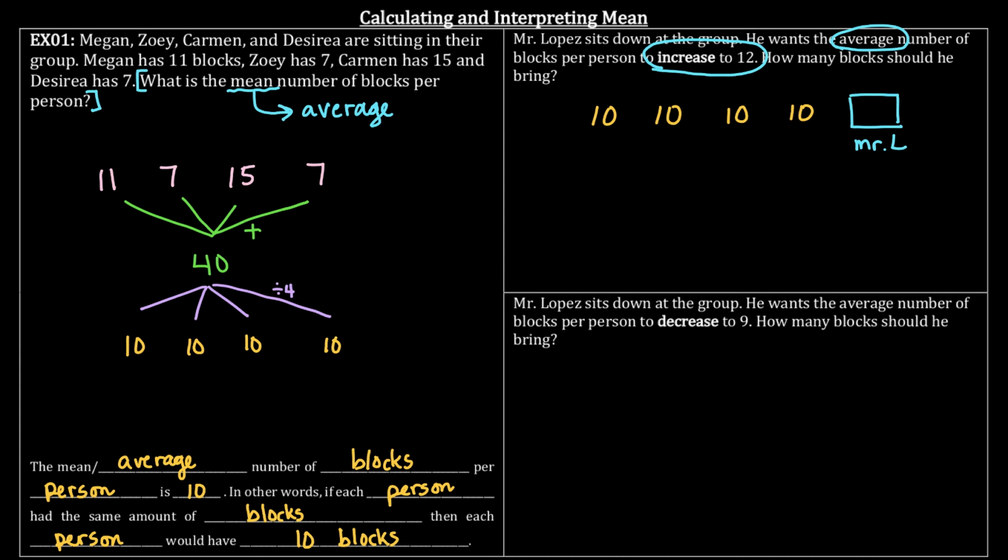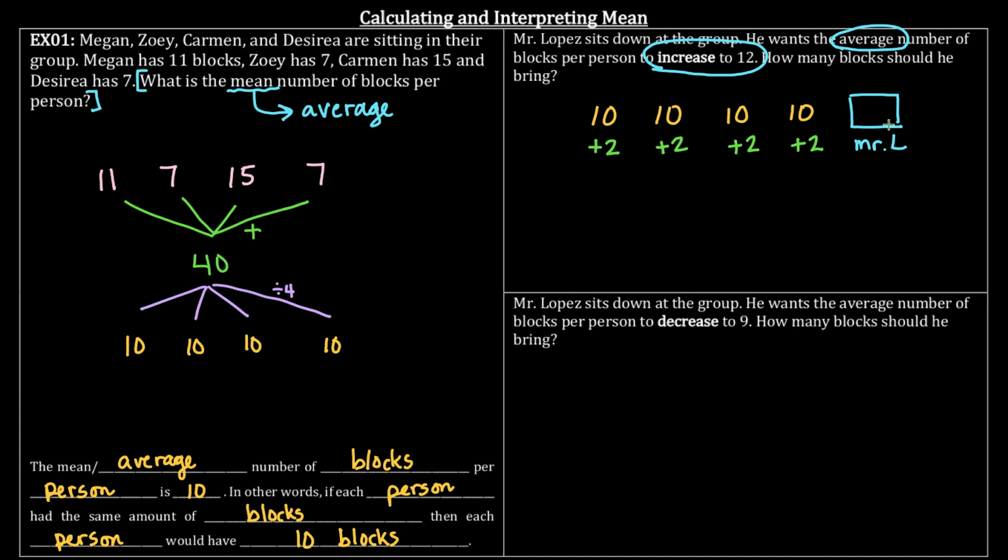Well, that's not too bad, right? I would just have to bring this person 2 more, this person 2 more, this person 2 more, and this person 2 more. But the problem is that I've sat down. I am now part of this group.